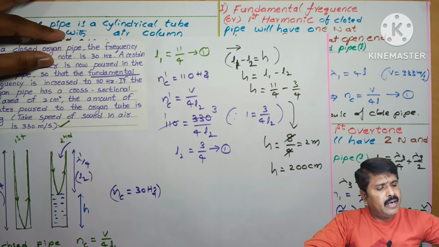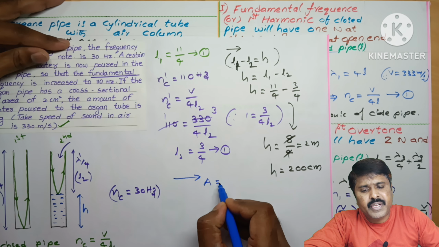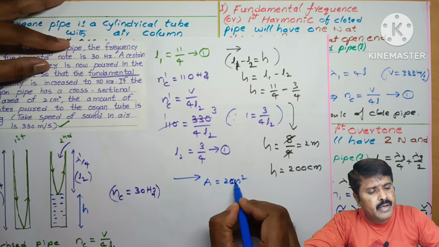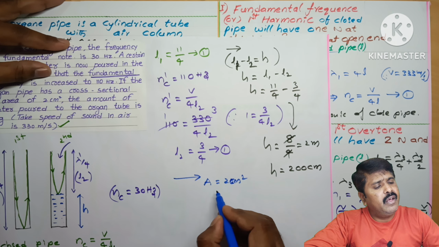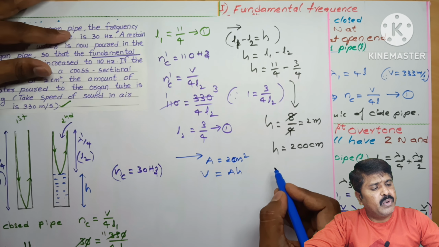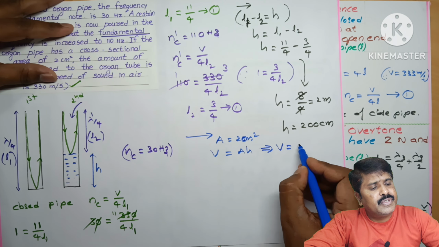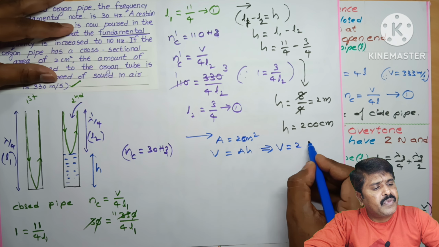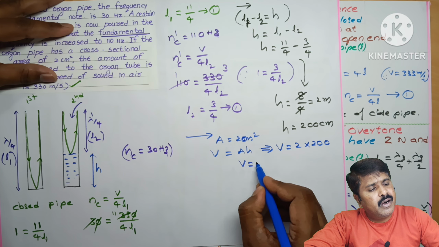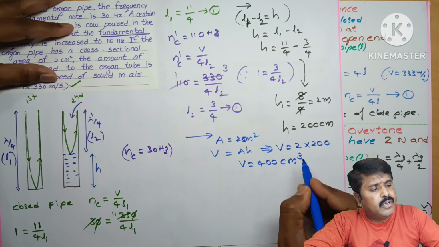The area is given there as 2 centimeter square. So the volume is equal to area into height of the tube. The volume I am getting is area 2 into height 200, so the volume is 400 centimeter cube.